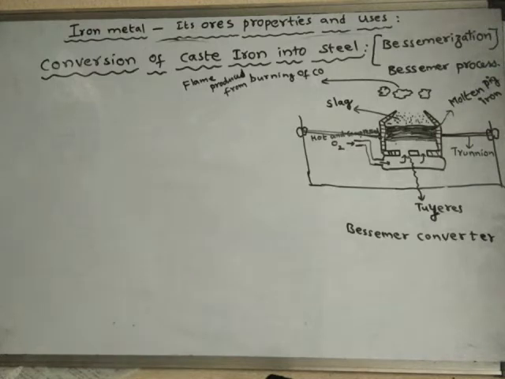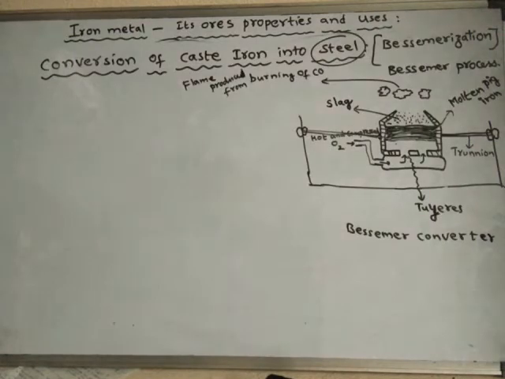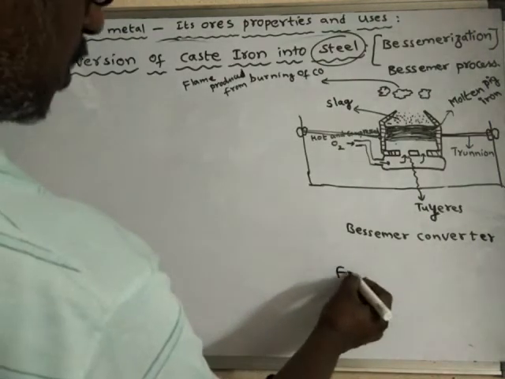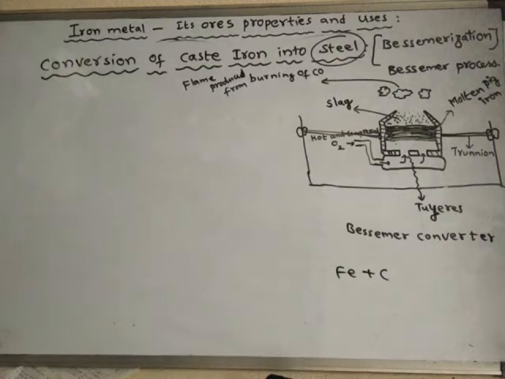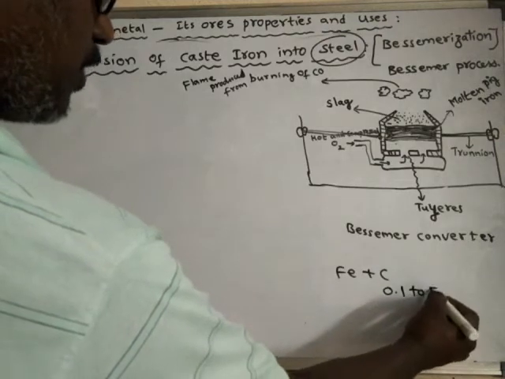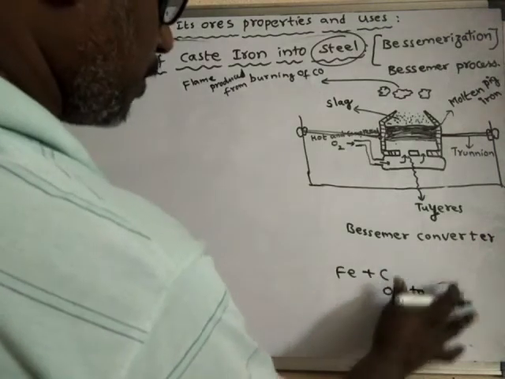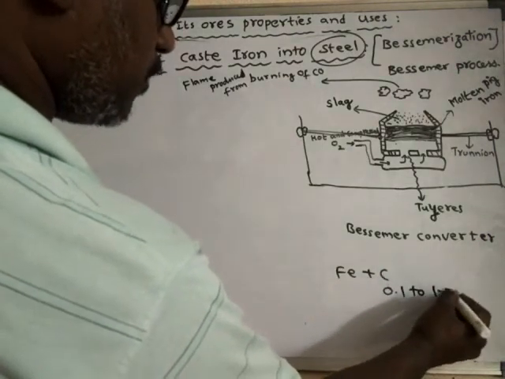What is steel actually? Steel is an alloy of iron and carbon. Generally, this carbon is around 0.1 to 1.5%.